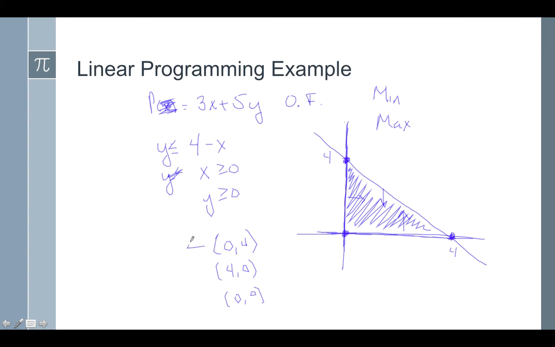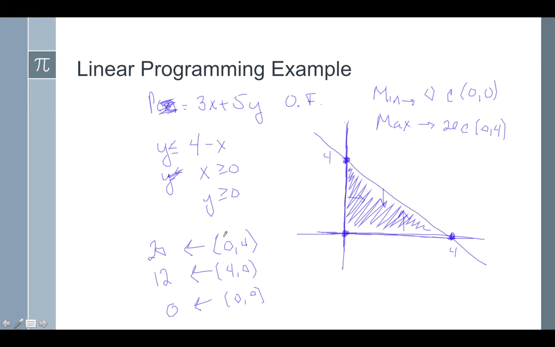If I do that, I get a value of 20. If I plug in 4, 0, I get 12 plus 0, I get 12. And if I plug in 0, 0, I get 0. That means the min is 0 at the point 0, 0, and the max is 20 at the point 0, 4.